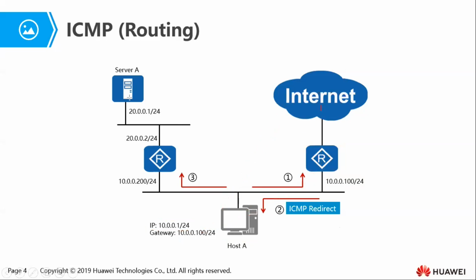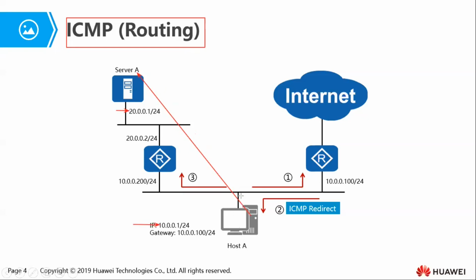Okay, so we now want to understand how ICMP actually does routing, how it supports routing. So this is how it does it. Now, in this example, host A wants to send a packet to this guy, server A. As you can see from their IP addresses, these two devices are on different networks.